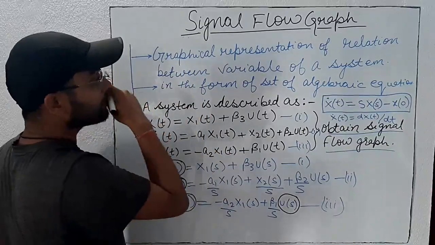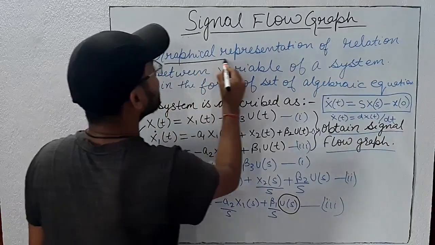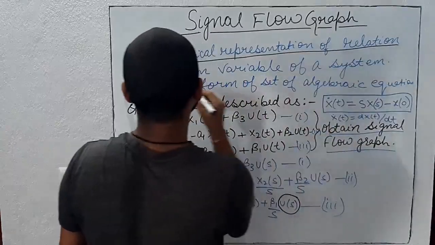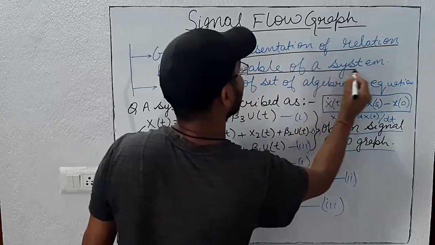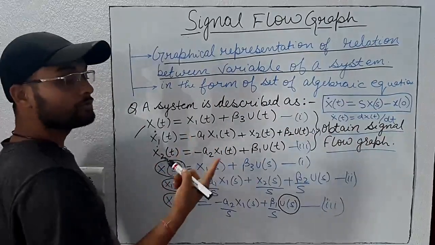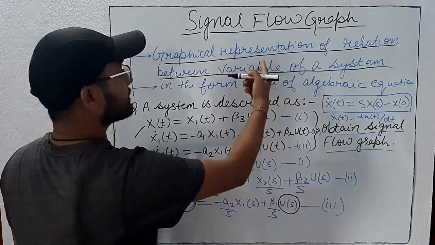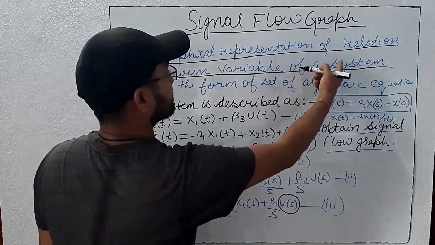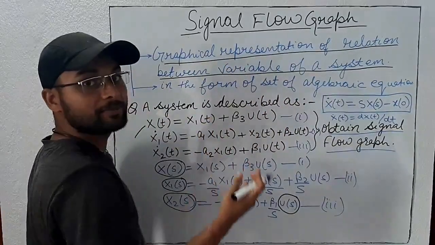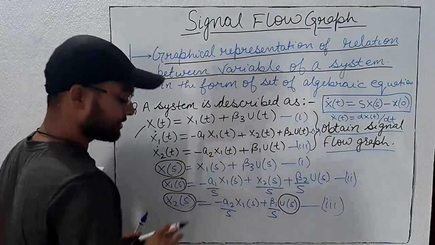So what is signal flow graph? It is the graphical representation of the relation between variables of a system. We have to represent these equations in the form of a graph, that is called graphical representation, also known as signal flow graph.